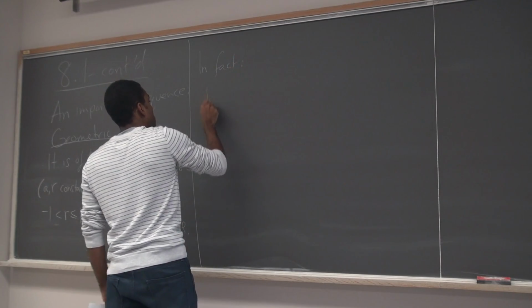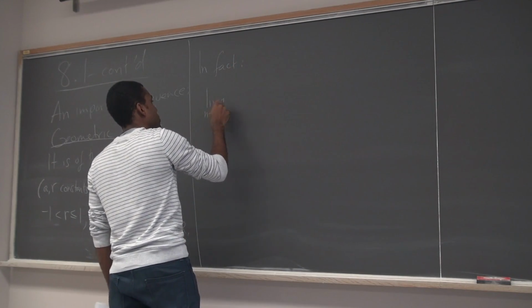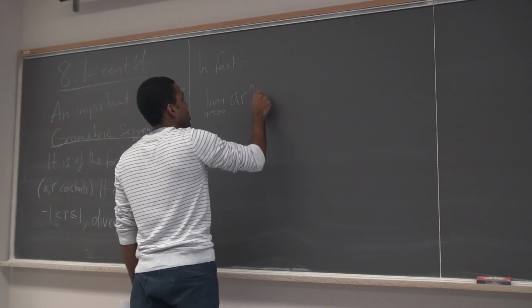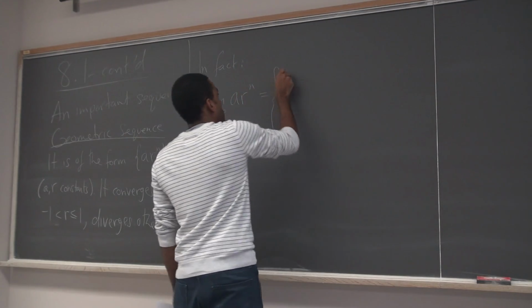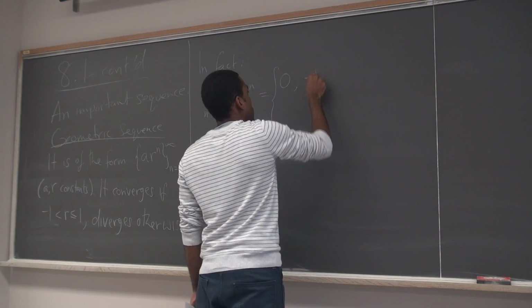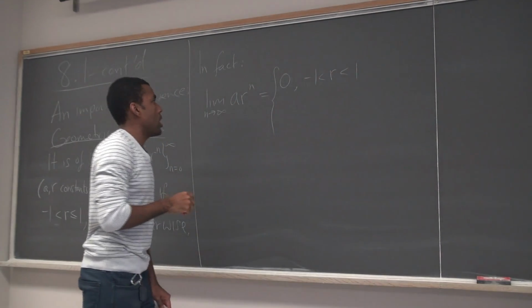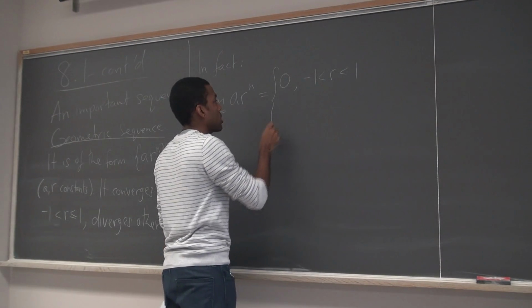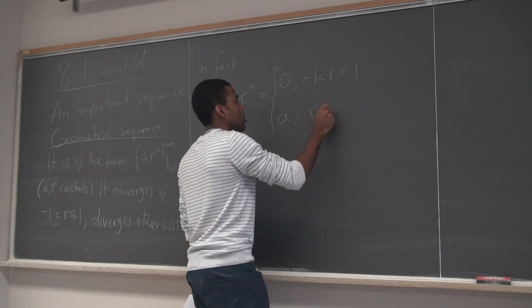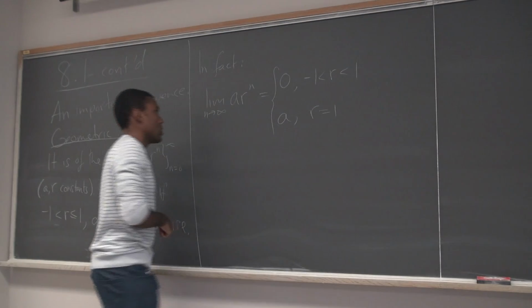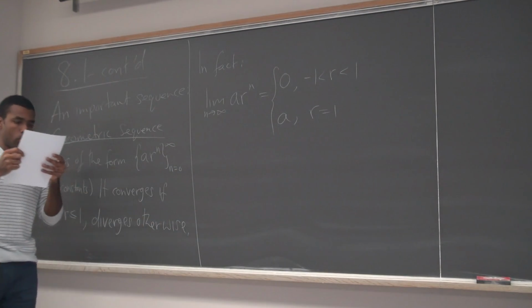In fact, the limit as n approaches infinity of a r to the n is 0 if r is less than 1 in absolute value, and it's actually a if r is equal to 1. Okay.